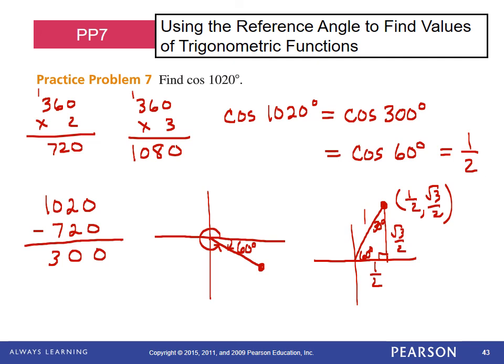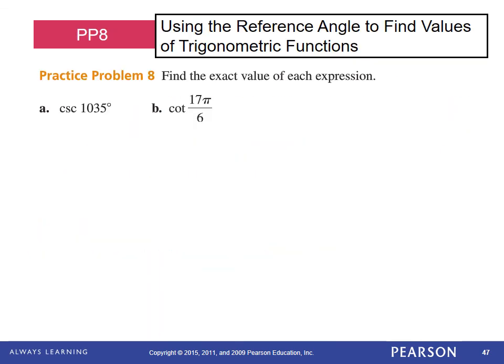Let's do 2 more problems here, just because we're running low on time. I'm going to show you one where it's going to go to a negative value instead of a positive value here. So let's do practice problem number 8, just part A only.